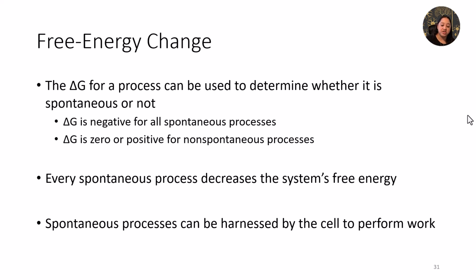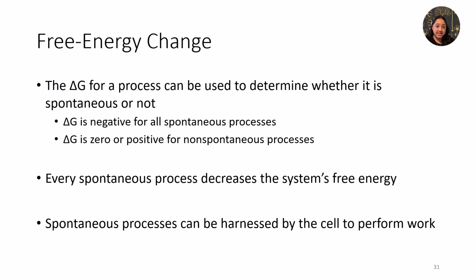You don't have to put in free energy. If it's negative, that means it's actually going to release energy. So the change in free energy, or delta G, is negative for all spontaneous processes. And delta G is 0 or positive for non-spontaneous processes. This is saying you have to put in energy, a positive amount of energy, for this process to happen.